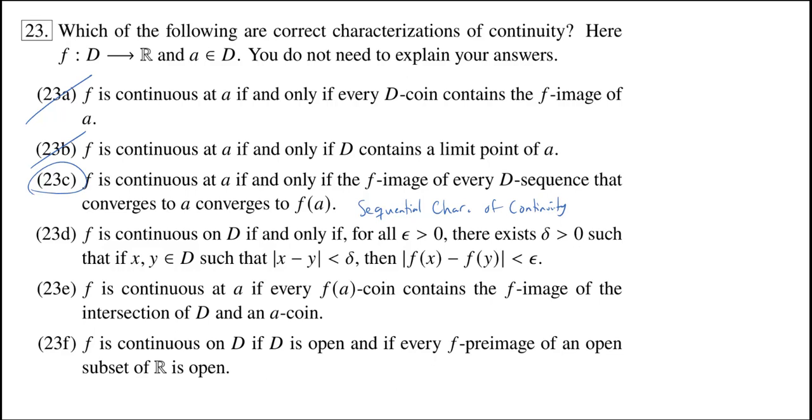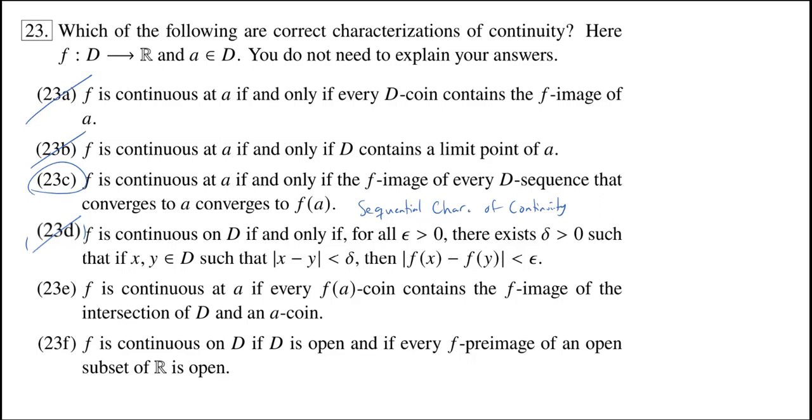So if we can get x and y close enough, then f of x and f of y are close enough, and x and y are anything in D. Yeah, that'll definitely imply continuity. In fact, it's a little too strong to be continuity. This is our condition for the function being uniformly continuous on D. So in one direction, this statement is true, but in the other direction, it's not. Continuity does not imply this condition, so it's not if and only if.